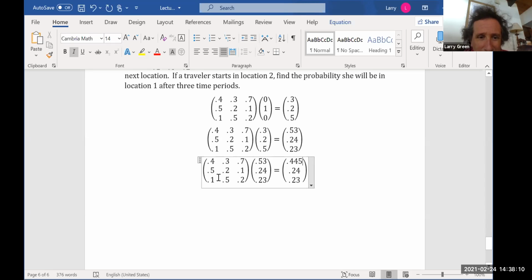And let's do the other one. 53 times 5 is 265, and 48 is 313, and 23 is 336.